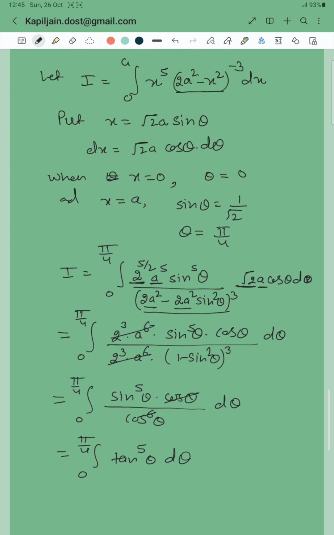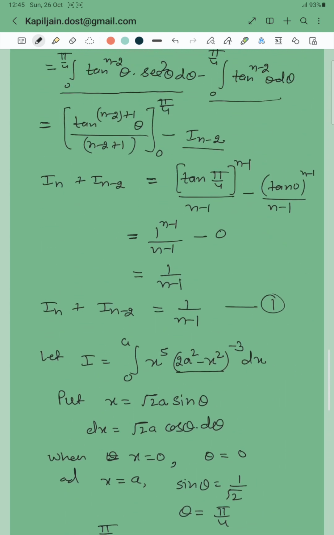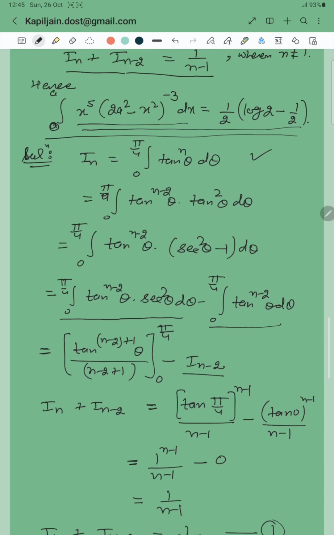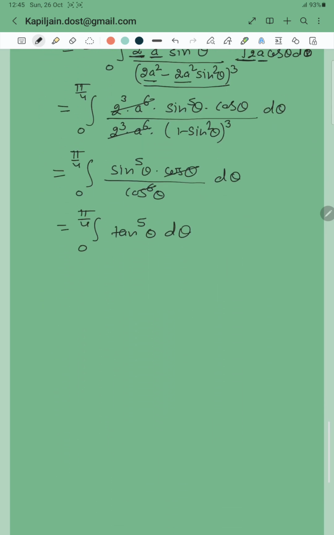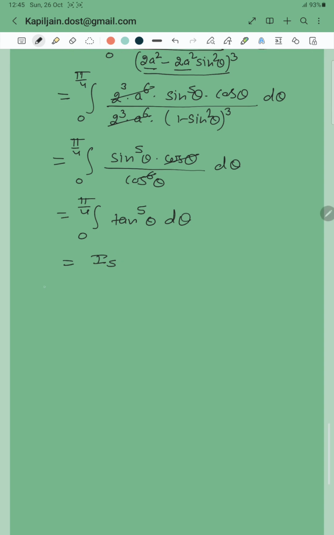Now to solve this integral, we use this identity, I_n plus I_{n-2} is equal to 1 by n minus 1, and we know that I_n is equal to integral from 0 to pi by 4 tangent raised to power n theta, so this integral is I5. So finally we have to solve this I5.